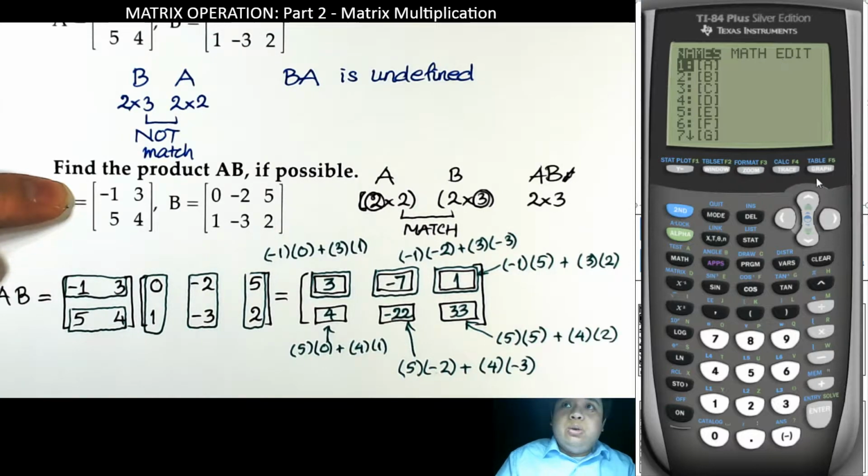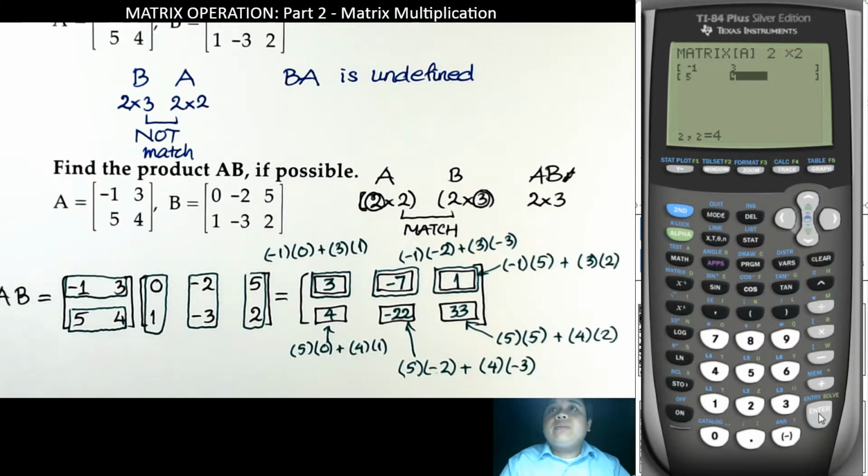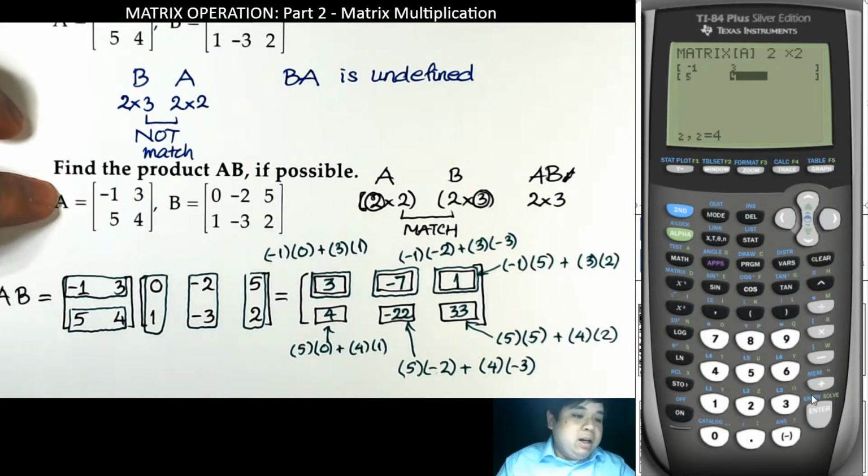So go to Edit, Matrix A. This is a 2 by 2 matrix, and we enter -1, 3, 5, and 4. That is matrix A.